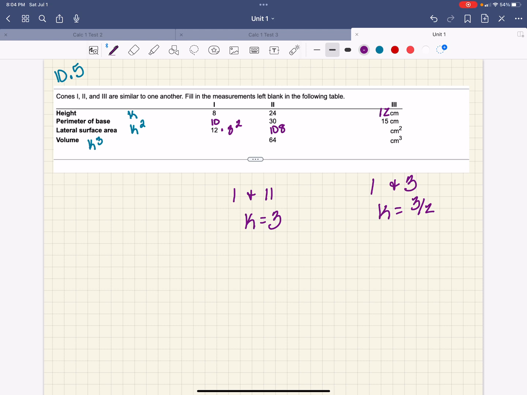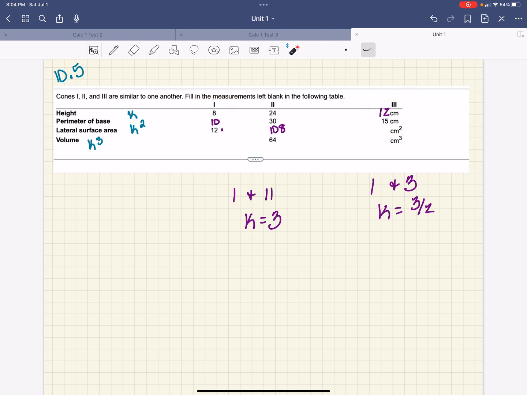Now, to get from our first cone, where we've got our surface area right here, to our third cone, we multiply by our k value, which is 3 over 2, and then we square that. So I'm going from 1 to 3.